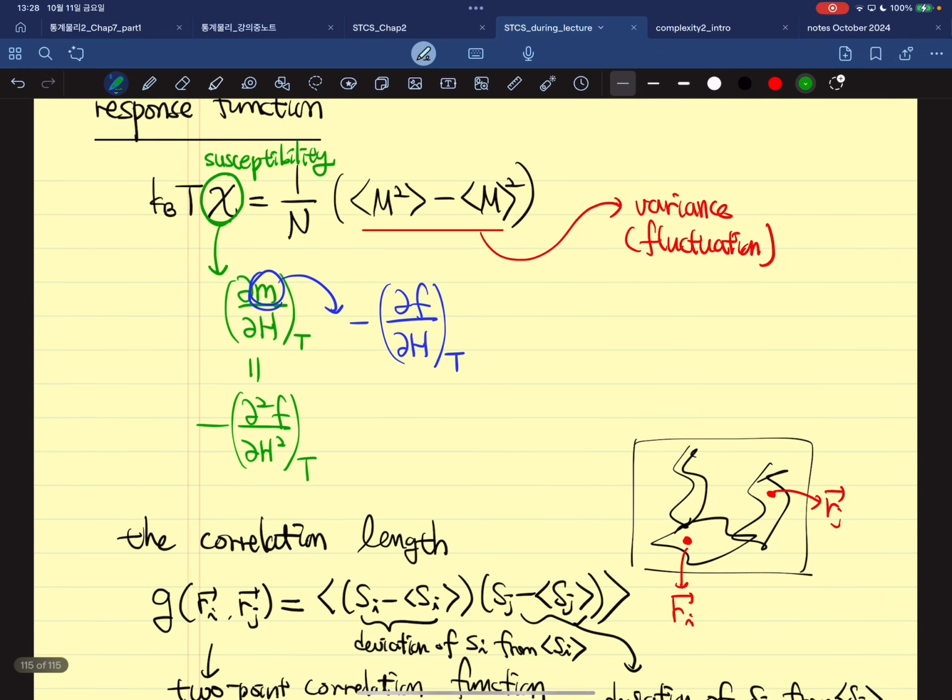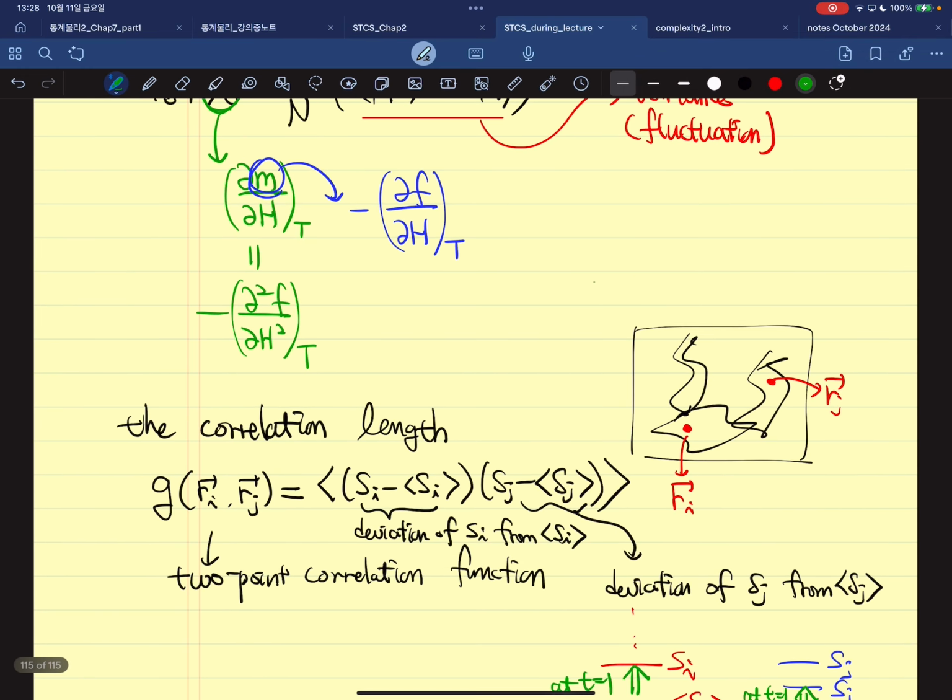Totally off topic, but suppose you have some data like this. It means that the data points at this time and this time are similar, but this one and this one can be very different.